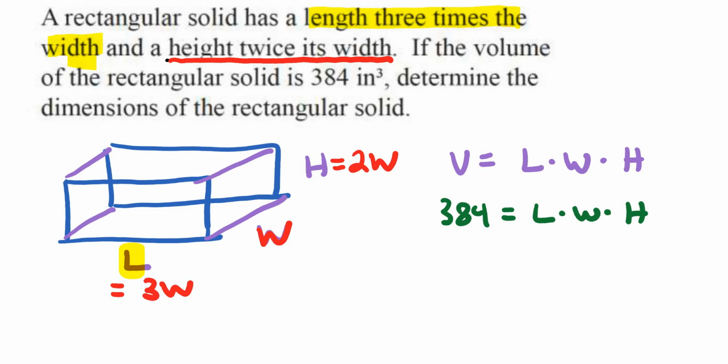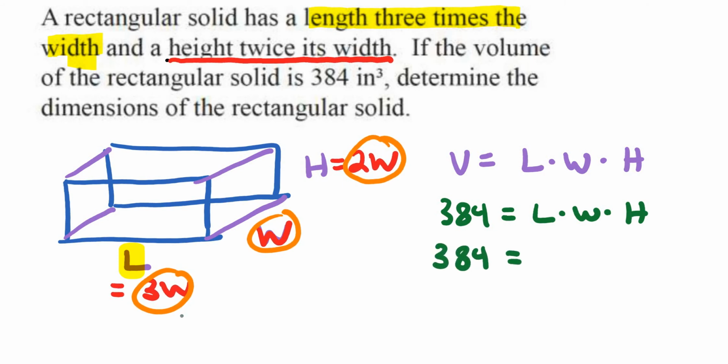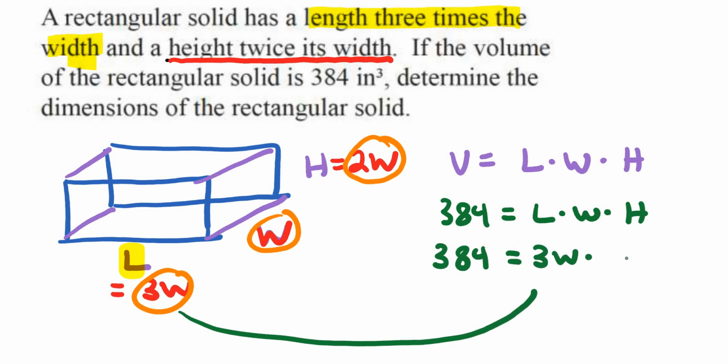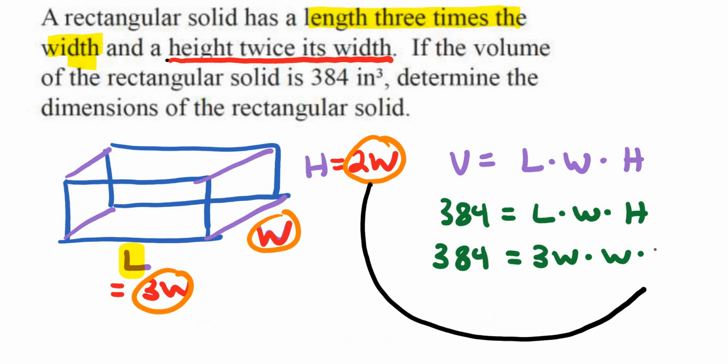Okay, so I'm going to take these now, the 2W, the W, and the 3W, and plug that in. So 384 equals the length, now the length is 3W, times W, times the height, which is going to be 2W.